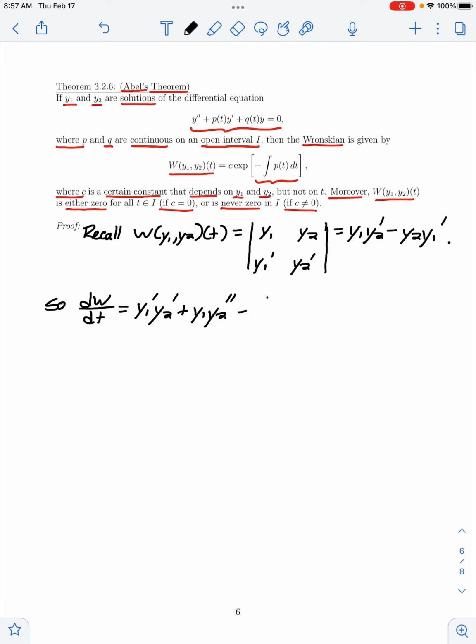And then we are subtracting, again by the product rule, y2 prime y1 prime plus y2 times y1 double prime.